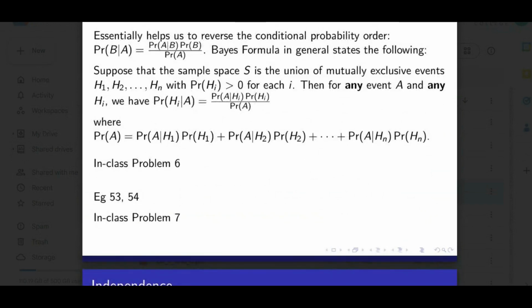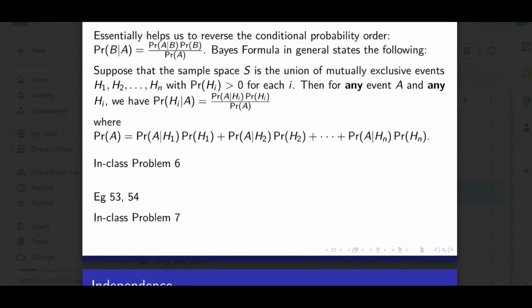Bayes' theorem says that you can turn a conditioning around. P(B given A) is P(A given B) times probability of B over probability of A. And then you can generalize it to any set of events that partition the sample space. So Hi given A, you can flip it around to be A given Hi and so on.